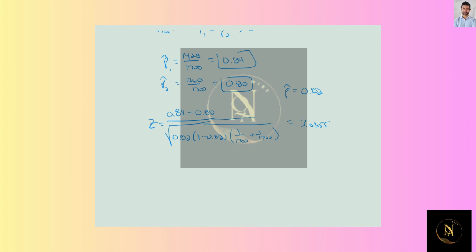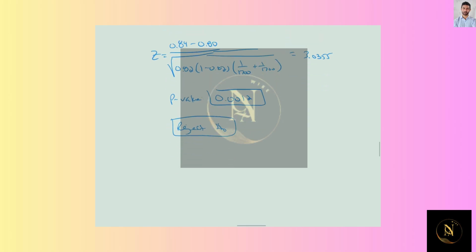This gives us a p-value, and we want this to 4 decimals. I see this as 0.0012. Using a 0.05 level of significance, we would reject the null hypothesis in favor of the alternative.